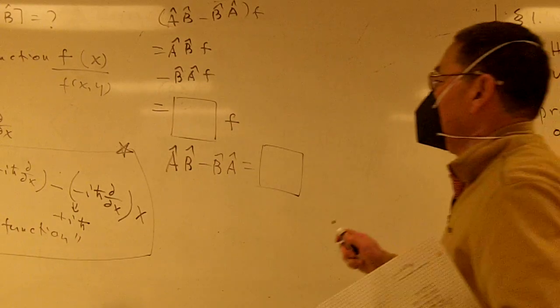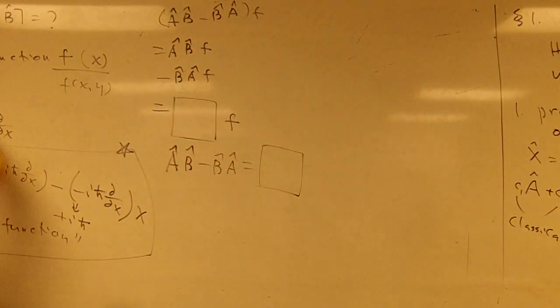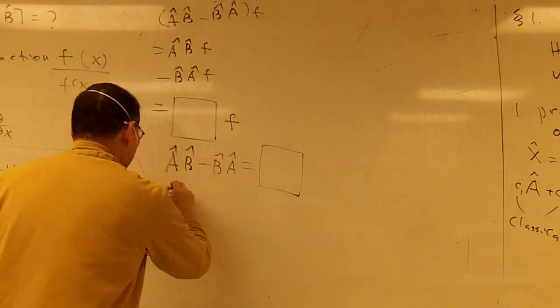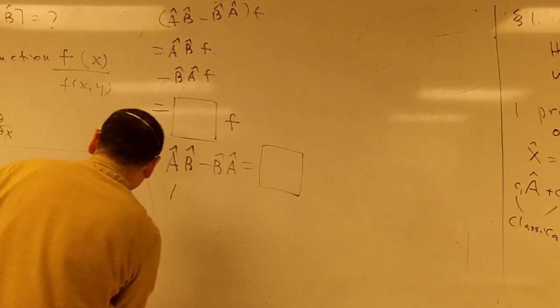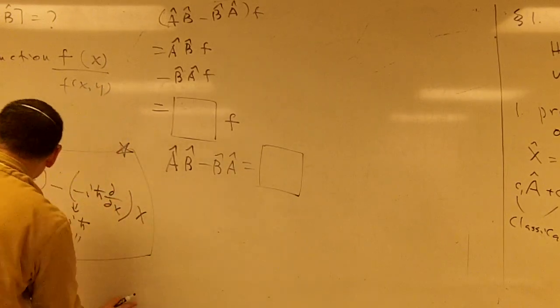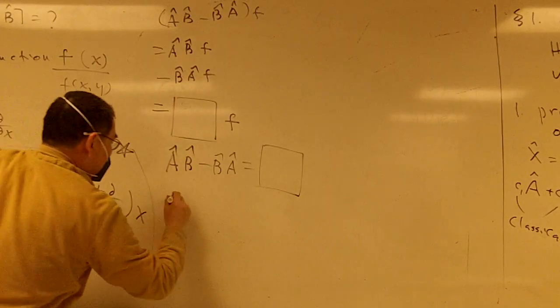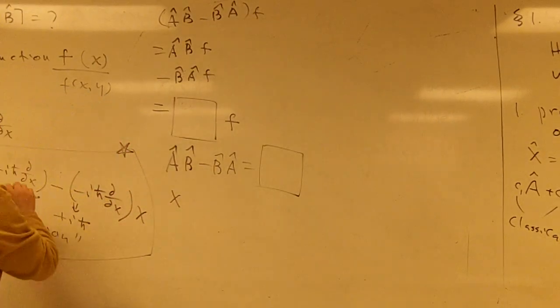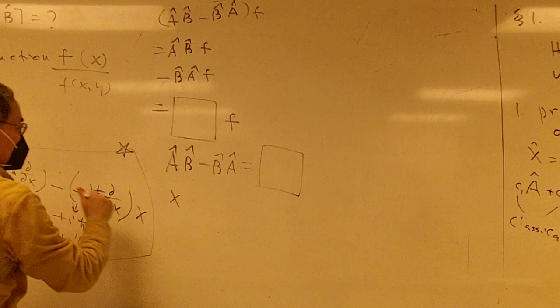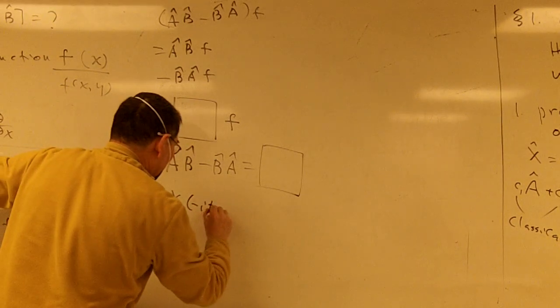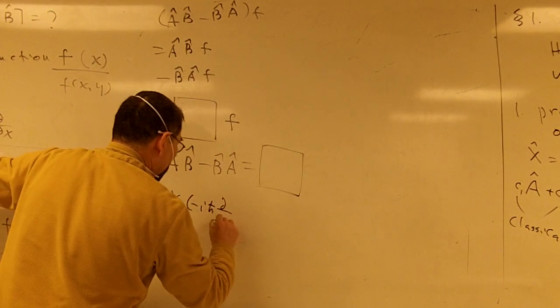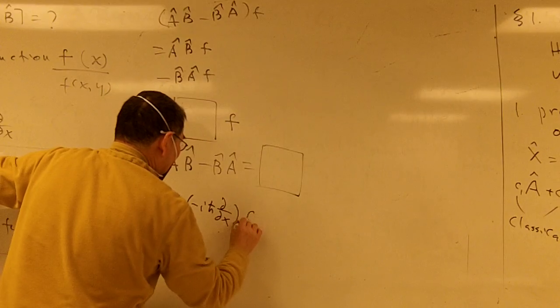Now I'm going to show you with x and px as an example. Let's start with A, B in this format. My A this time, according to our example, will be x. My B, according to our example, is negative i h bar partial x, and f.